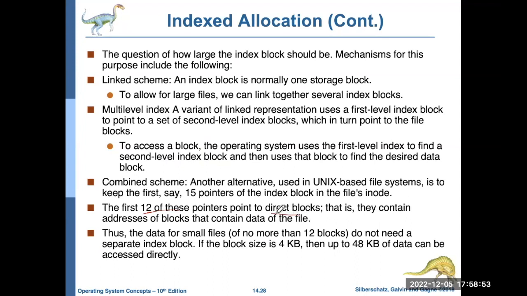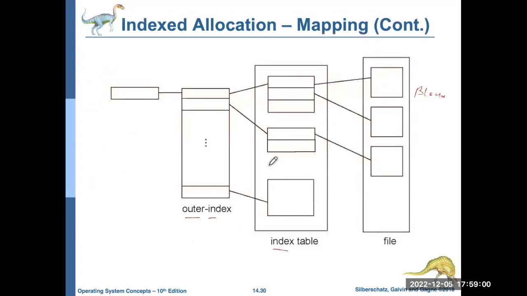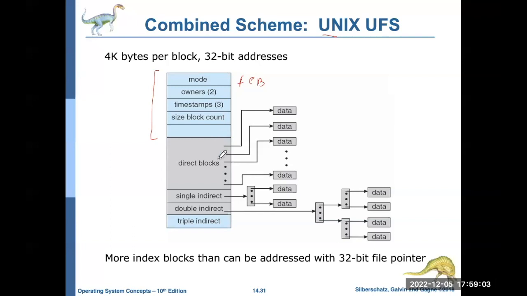So any file that can be saved within 12 blocks, the first 12 pointers will be used for that. These 12 are used to access directly the data of that particular file. So if a file needs 10 blocks, then we just need part of this to access the whole file.